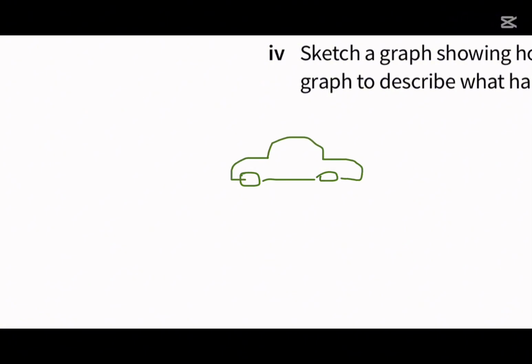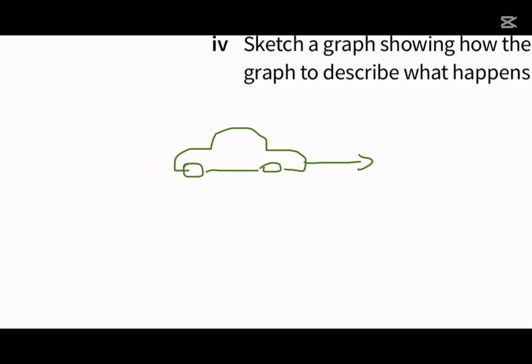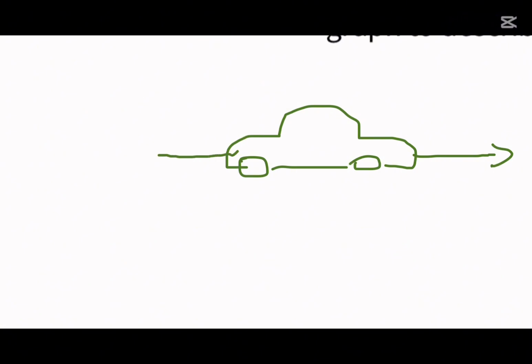So here's the car, right? It keeps going this way, and the faster the car goes, the more air resistance it's going to have. So there's going to be more and more drag as the car goes faster and faster. Eventually the air resistance force gets big enough so that the car can't accelerate anymore.